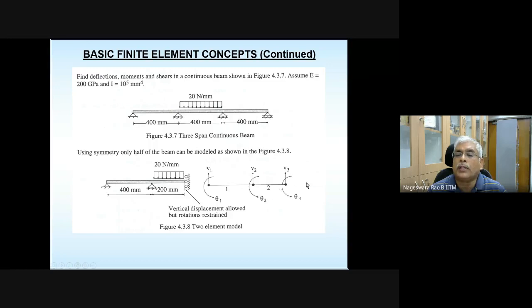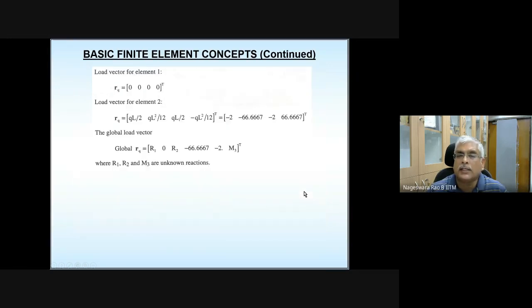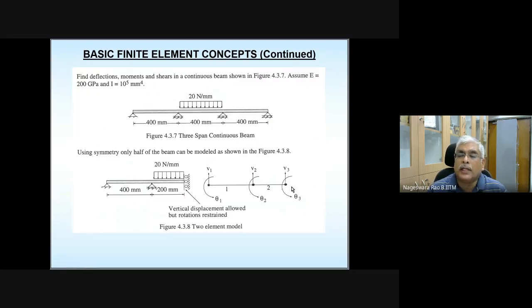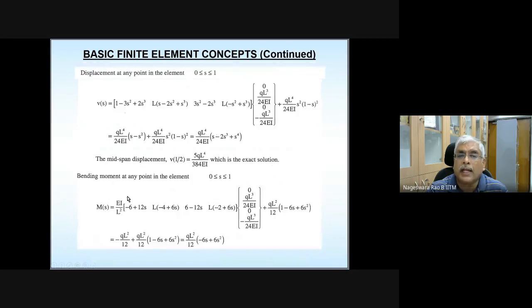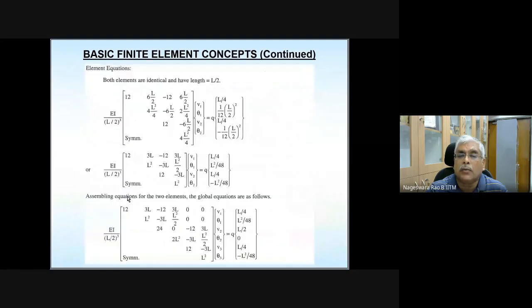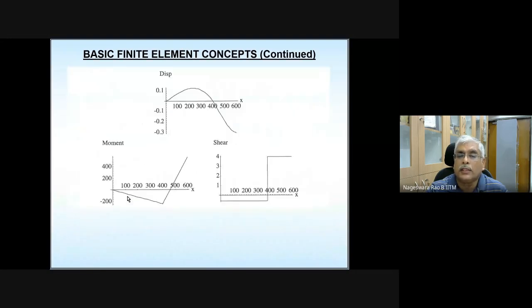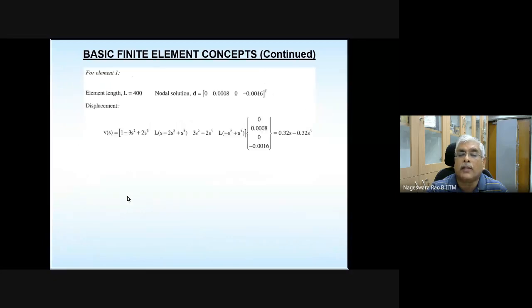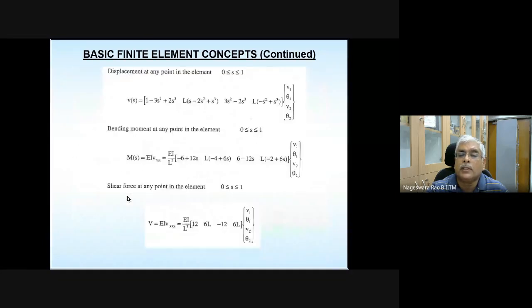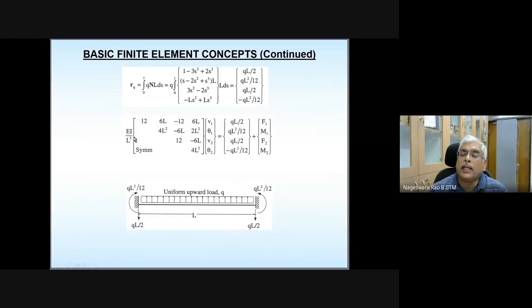2 elements are taken. Degrees of freedom are shown here. Element 1, element 2. Assemble the element equations. And please note one more thing. When I say assemble the element equations, what you need to do? Just 1 second, let me go back to that equation system. You need to substitute what is L value here, EI value for each of the element.